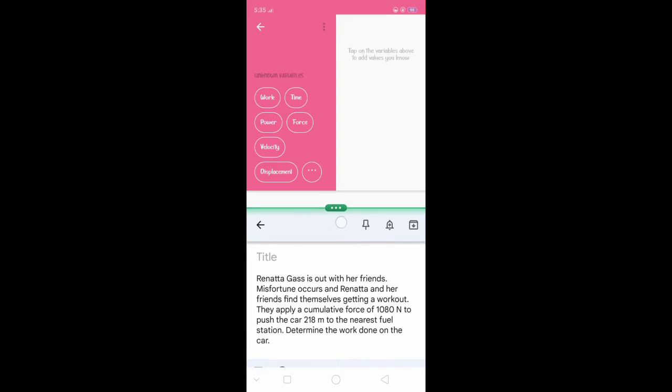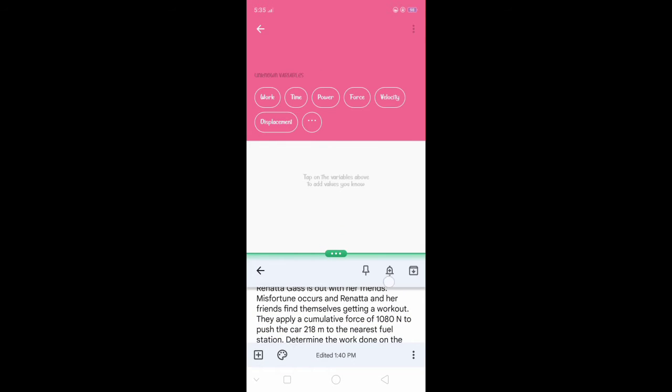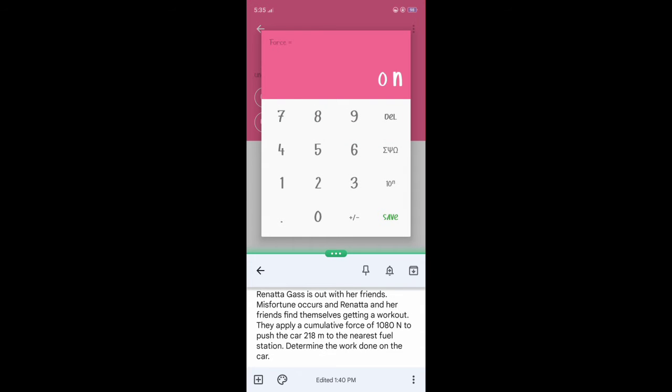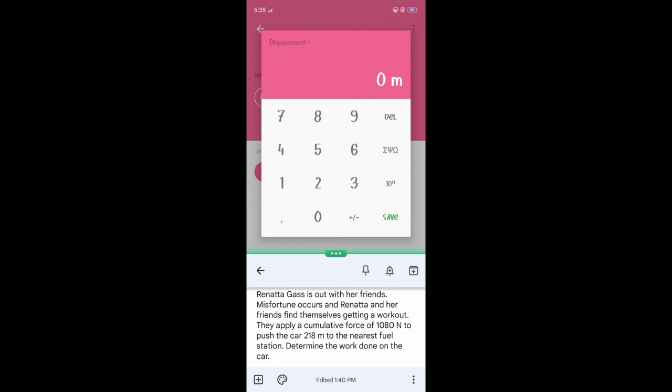So the first thing to do is to input the values. So the force we have is 1080 Newton. And our displacement is 218.